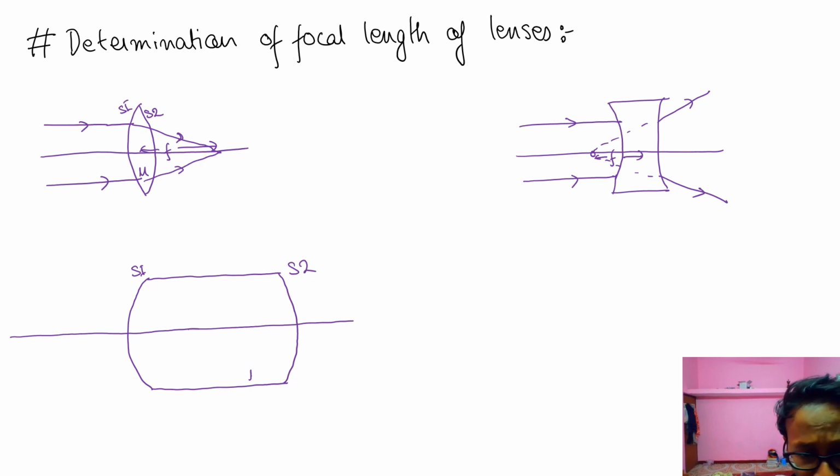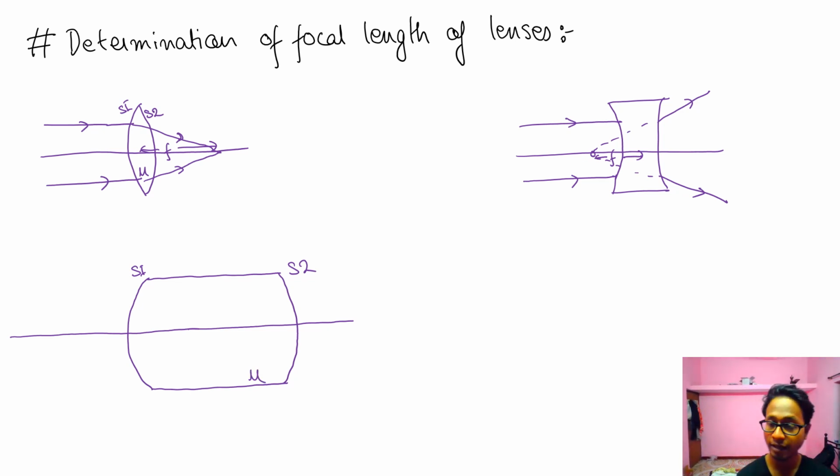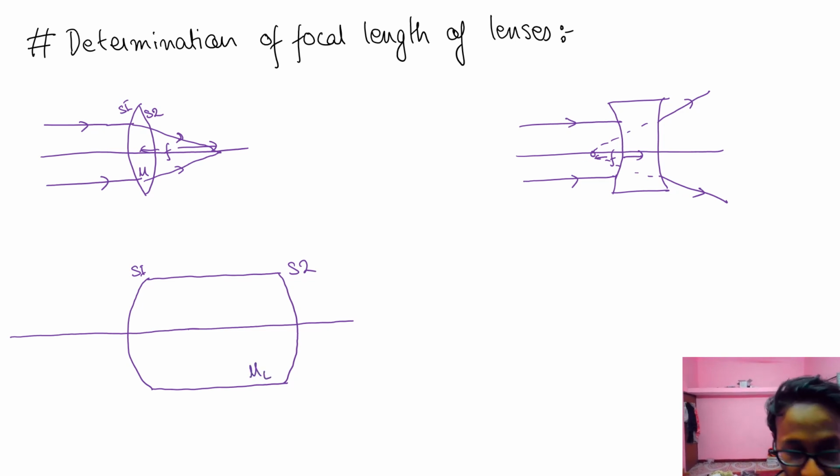If this material has some refractive index, I can simply apply the principle of refraction from curved surface. And what is the principle of refraction from curved surface? There's some medium, there's some lens.